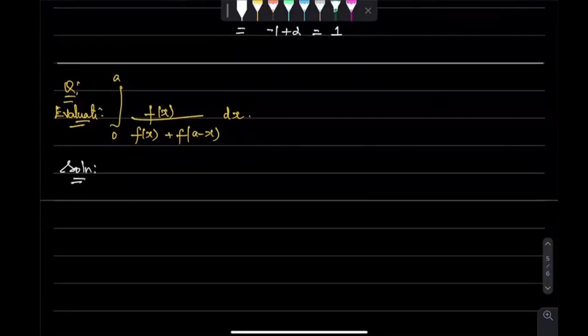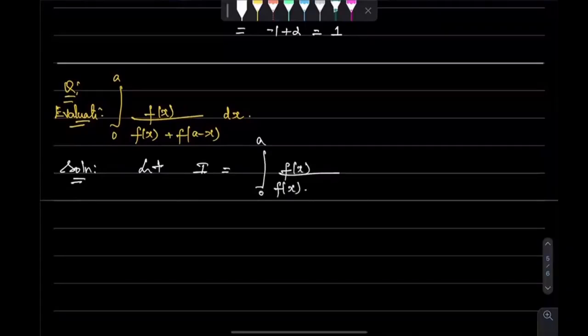First you identify the limit, but before starting this problem, you should always take it as I. When you start the integral like this, since the limit is 0 to a, I can apply the f of a minus x property, right?